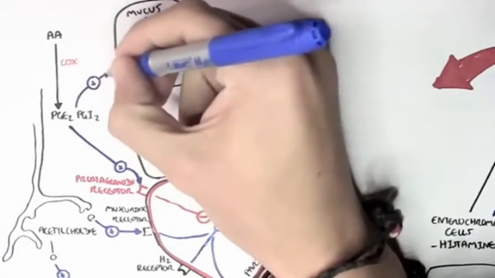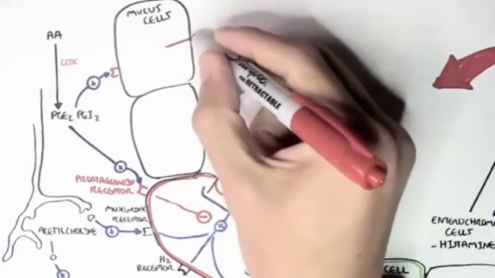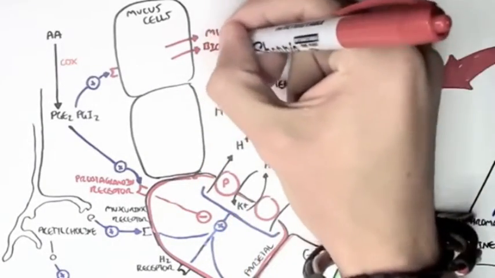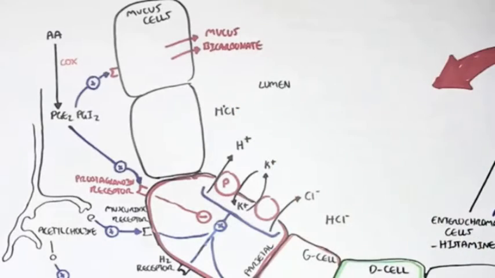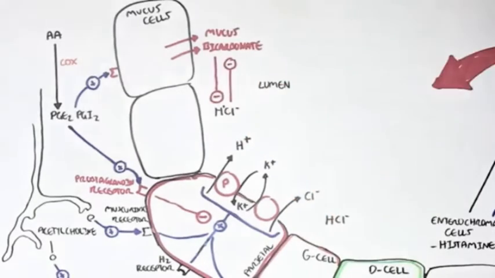Prostaglandin E2 and prostaglandin I2 also bind to and activate mucus cells to secrete mucus and bicarbonate. These are the most important substances that have a negative effect on hydrochloric acid in the lumen of the stomach, because mucus and bicarbonate essentially neutralize the acid, which prevents the acid from damaging the stomach itself. So mucus is very important in this respect.